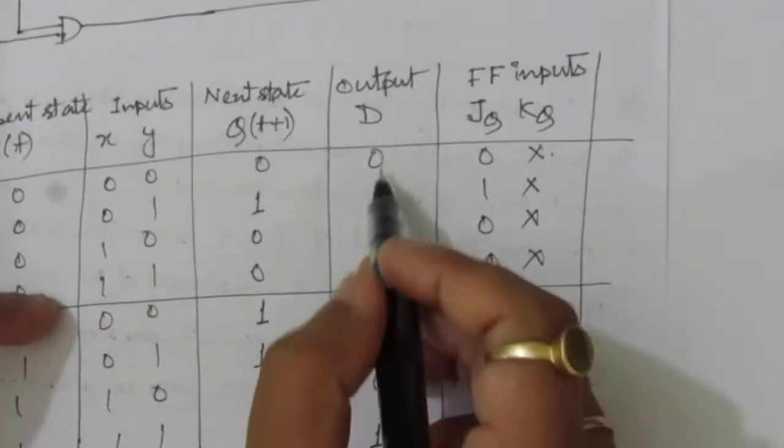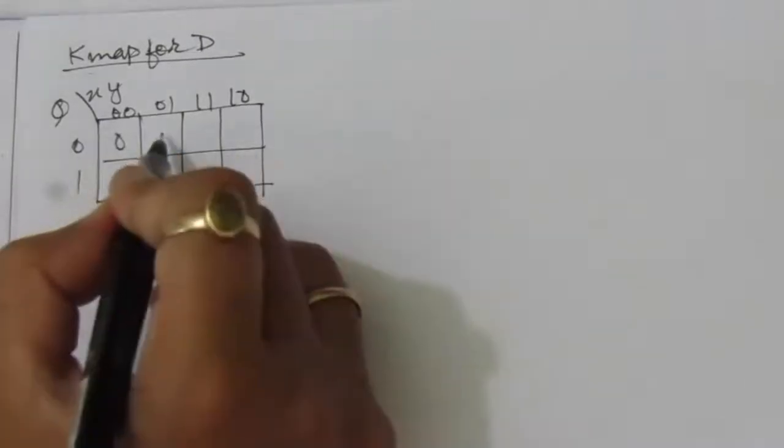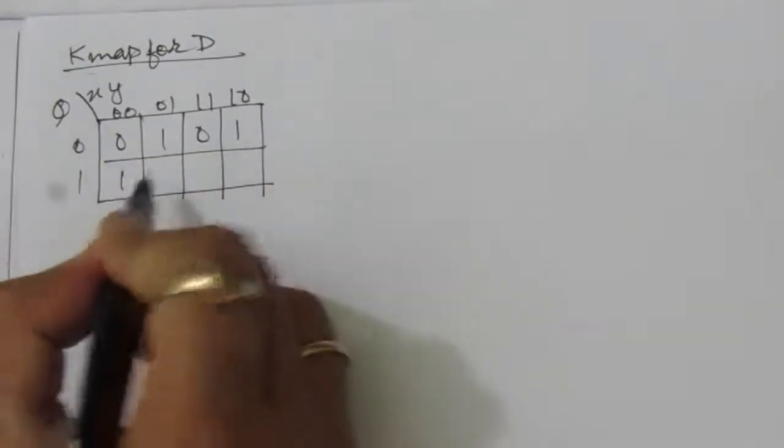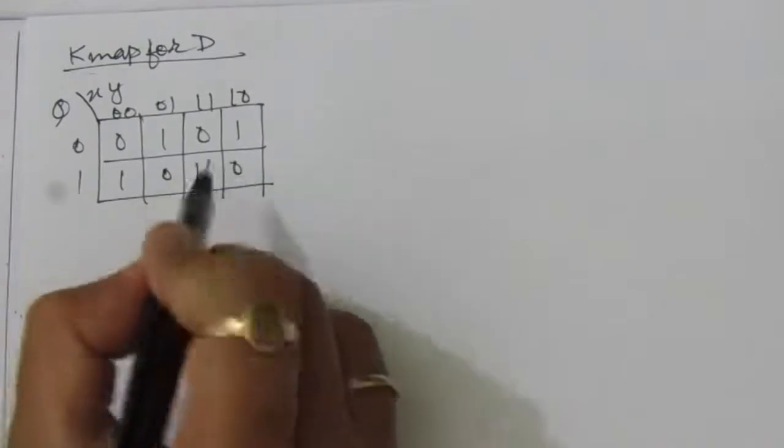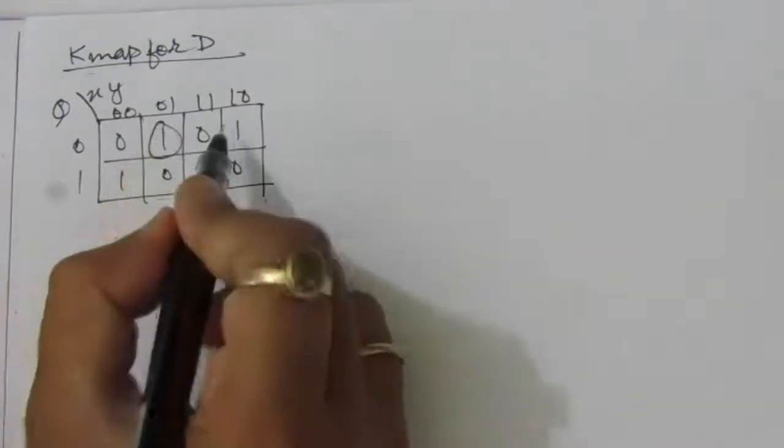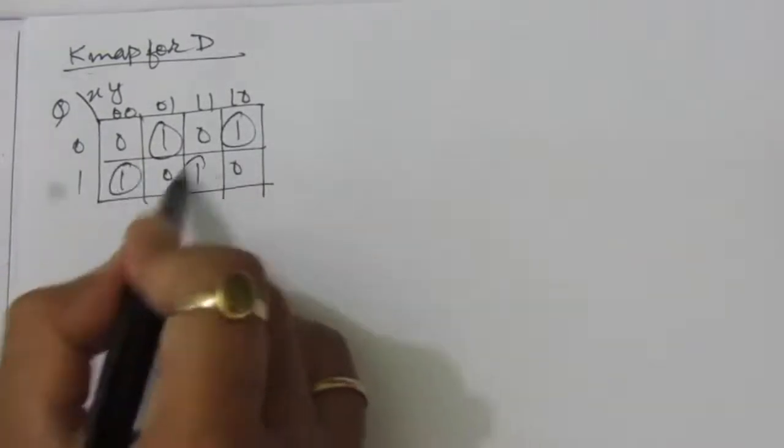Now we have to fill up the values of D here: 0 1 1 0 for the first row, and 1 0 0 1 for the second row. So we have to group like this. These will be the combinations.